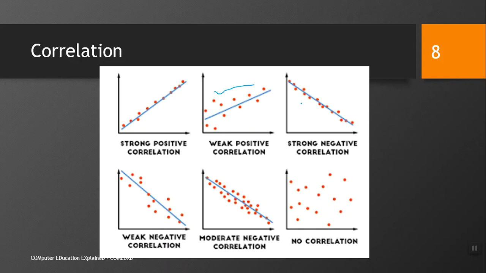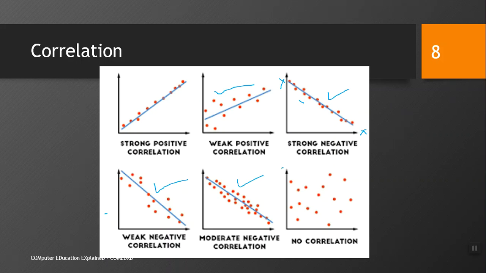And in the right top figure, you can see that there is a negative relationship. With the increase of one variable, the value of the other variable is decreasing. And here you can see a strong negative correlation, here a weak negative correlation, and here we can see a moderate negative correlation.